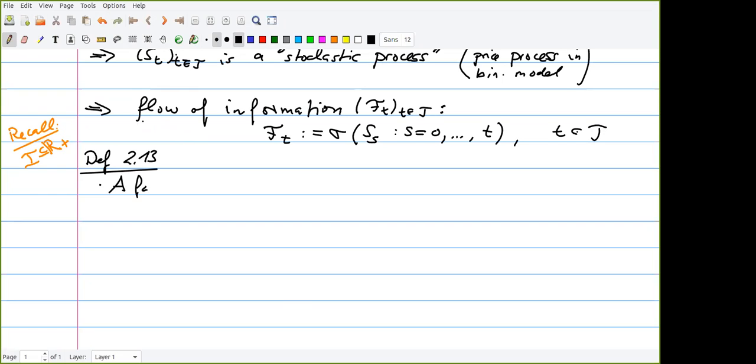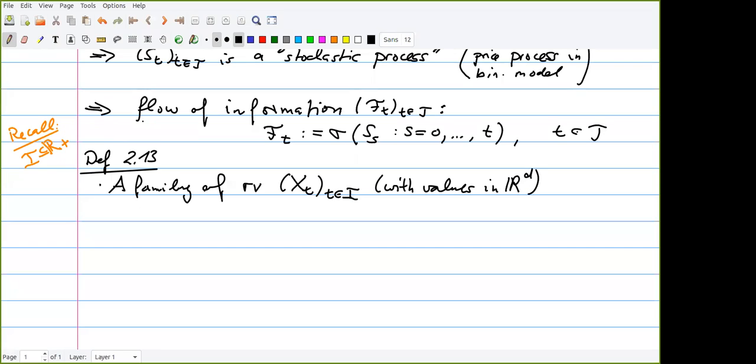So a family of random variables, indexed by I, is called a stochastic process. I'm not super strict here, so I might allow in the future that these random variables take values in R^d.